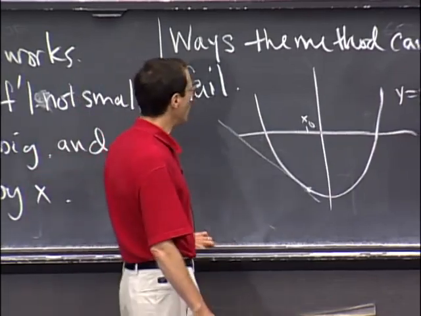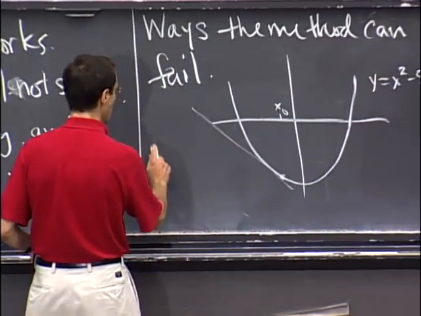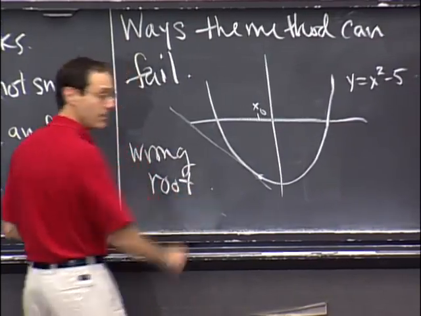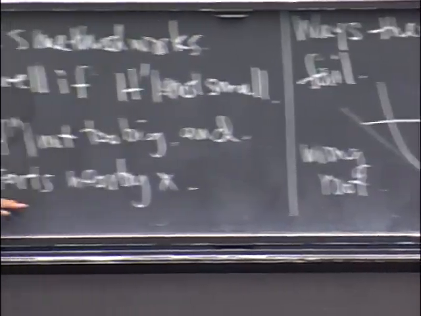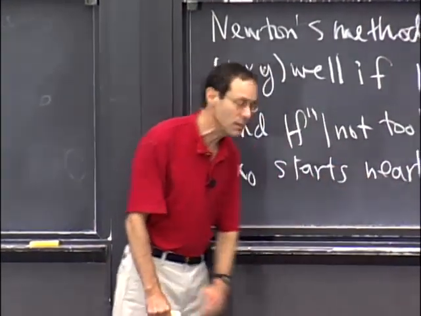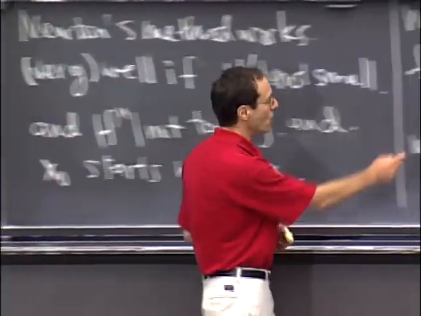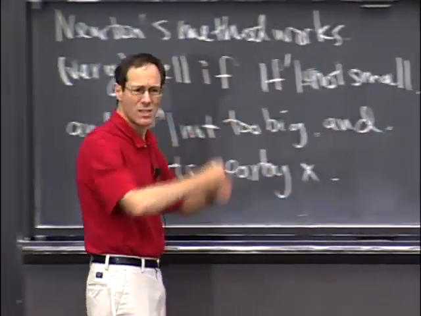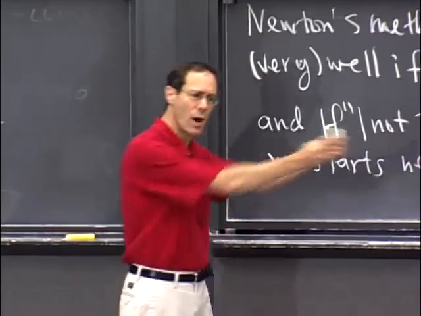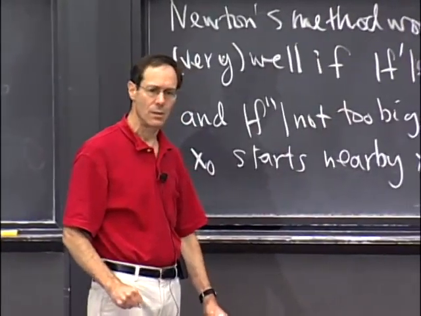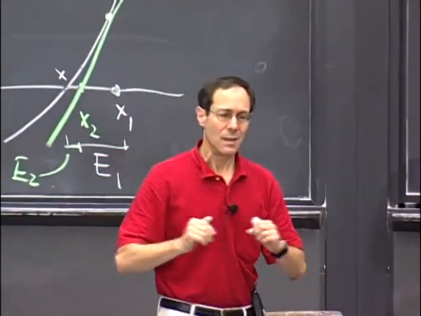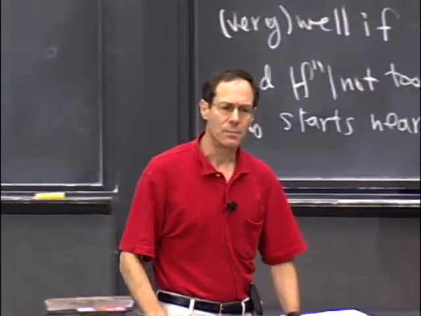So if it's too far away, then we get the wrong root. All right, so that's an example explaining that the x0 needs to start near the root that we're talking about. Otherwise, the method doesn't know which root you're asking for. It only knows where you started. So it may go off to the wrong place. Okay, it can't read your mind.